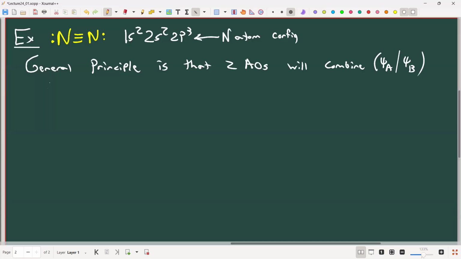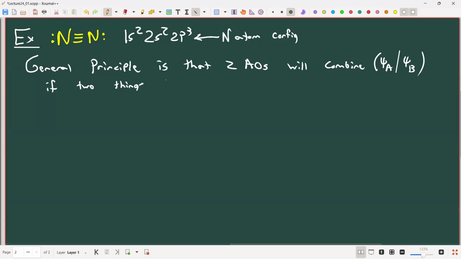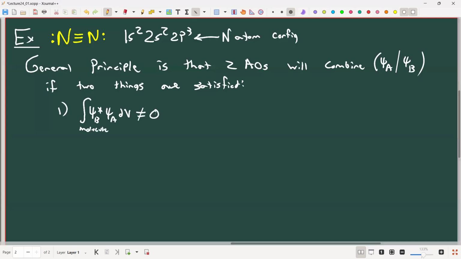They'll combine if 2 things are satisfied. One is that there is some overlap between the 2 functions, which means that the integral over the molecule is not equal to 0. They have some similarity to each other. They're not perpendicular to each other. They exist in the same space. That's what we call non-zero overlap.